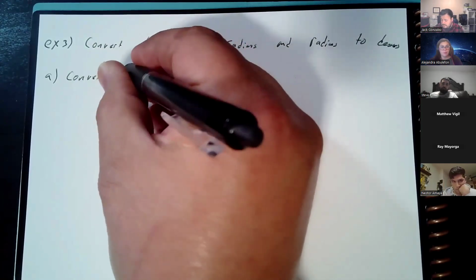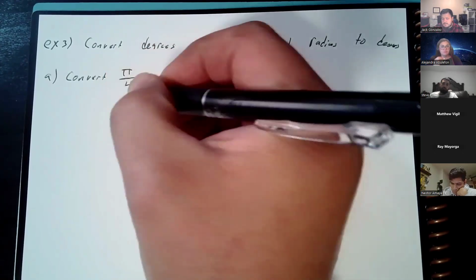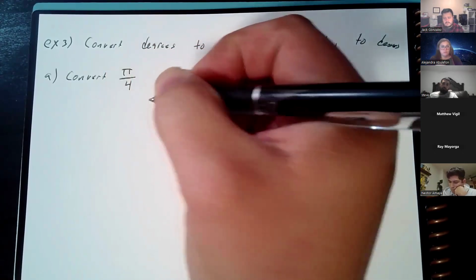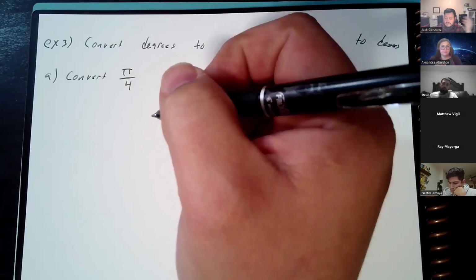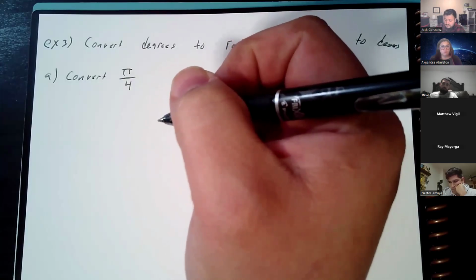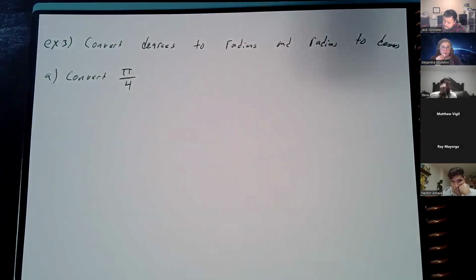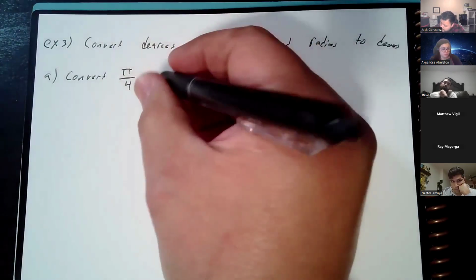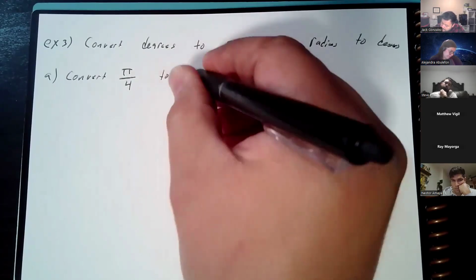When you're in radians, you're always in fractions, and if you have to add a bunch of multiples of pi over 7 or pi over 4, it can be weird. But if you change it to degrees, it's a little easier to add. But anyway, let's find out how to change it. Let's convert pi over 4 to degrees.